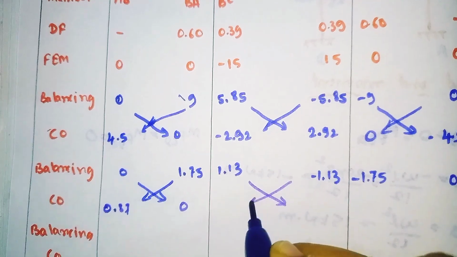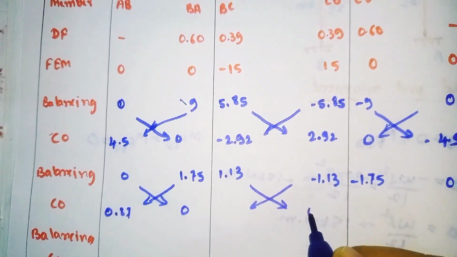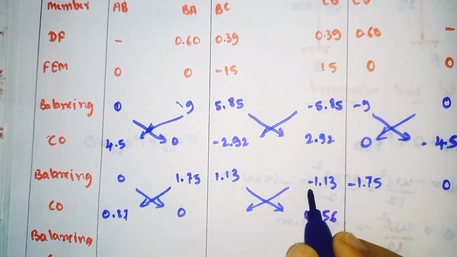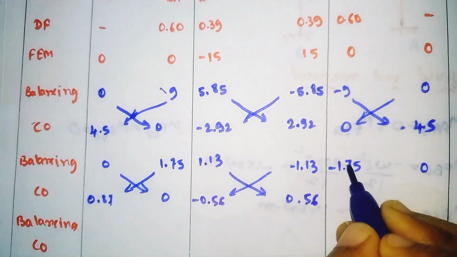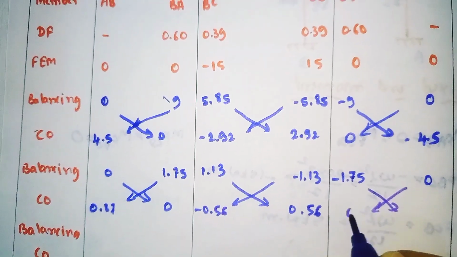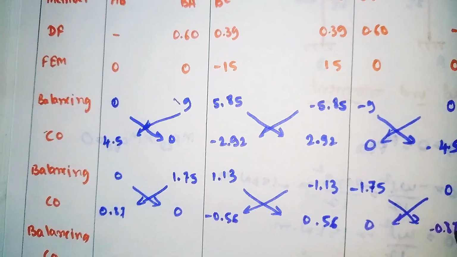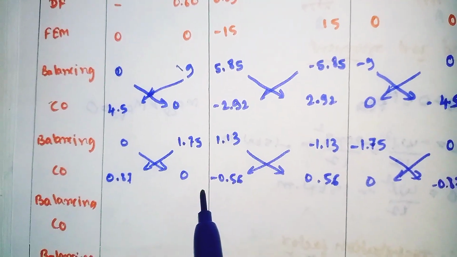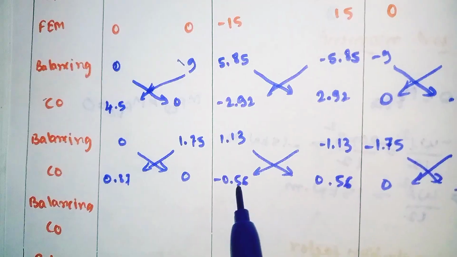1.13, the half of this is 0.56, and half of this is minus 0.56, and here also minus 1.75, if you do half, it will come 0.87. See here, the value is coming in negative, minus 0.50.